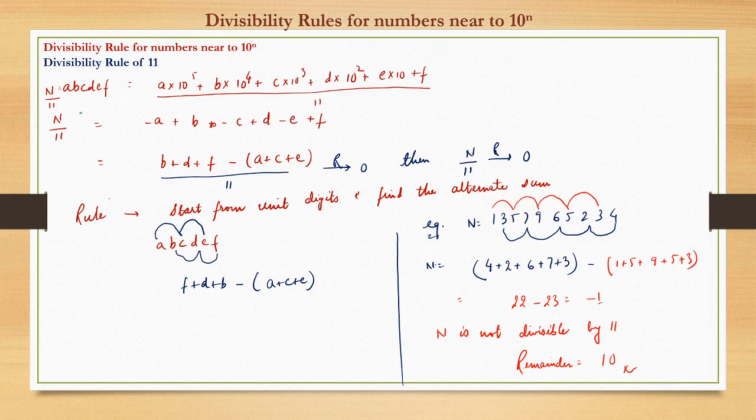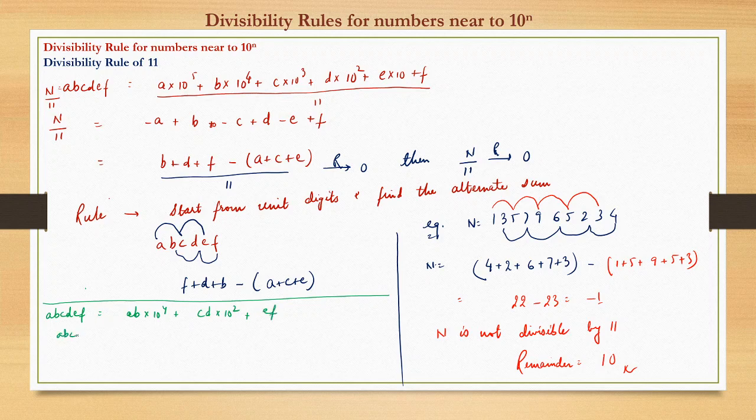Achha, here again we may see one more thing before proceeding to that example. If I write A B C D E F as AB into 10 raised to power 4 plus CD into 10 raised to power 2 plus EF.